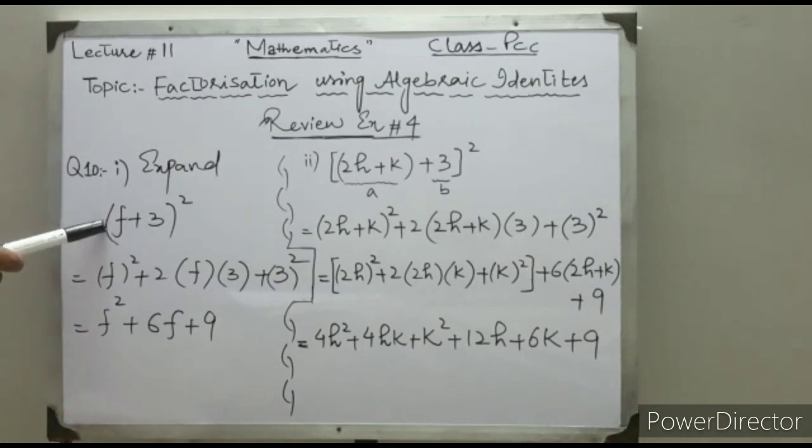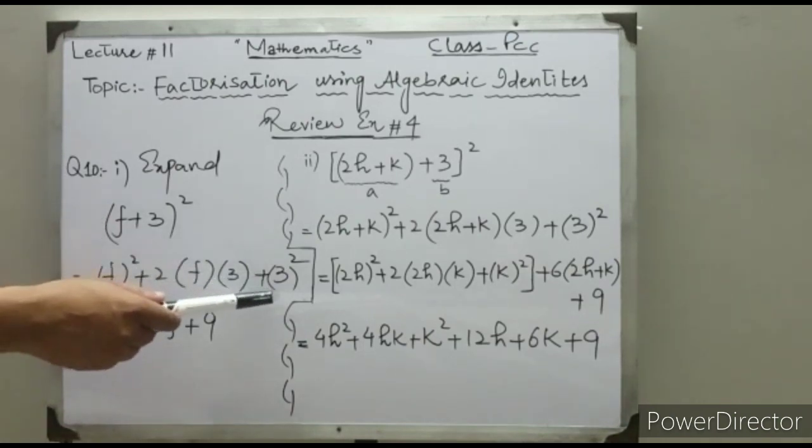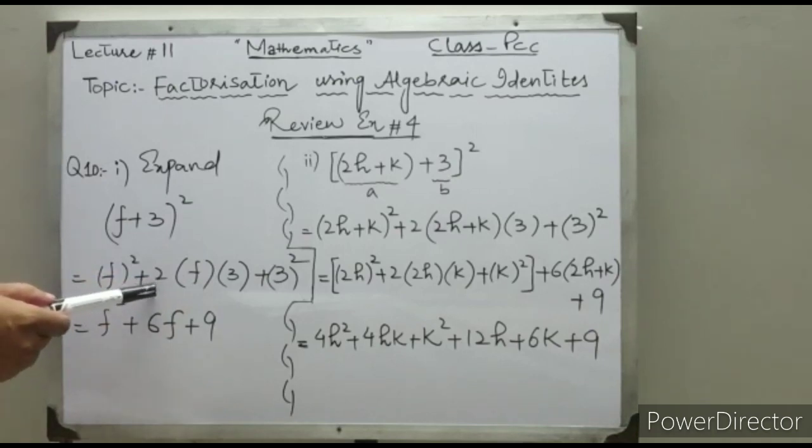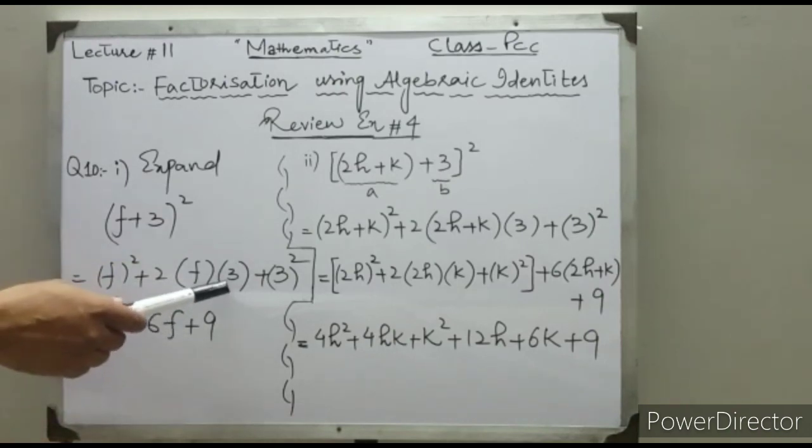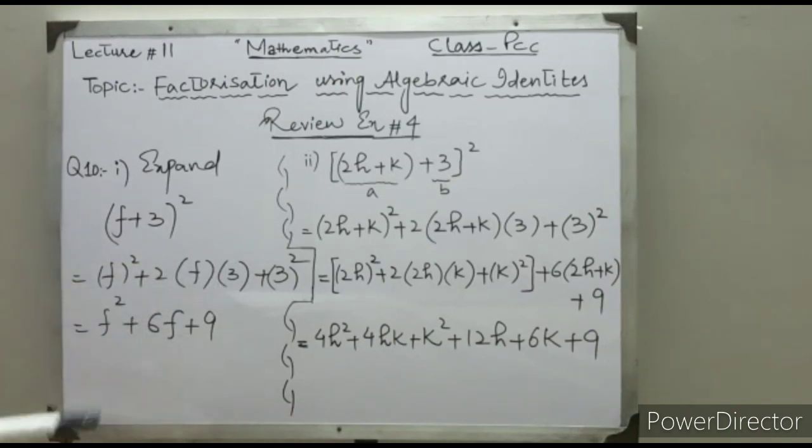Just apply the identity: a square plus b square in the center plus 2ab. F square, write as it is. Square of 3 is 9. Multiply 3, 2 and f, we will get 6f. So the final answer is f square plus 6f plus 9.